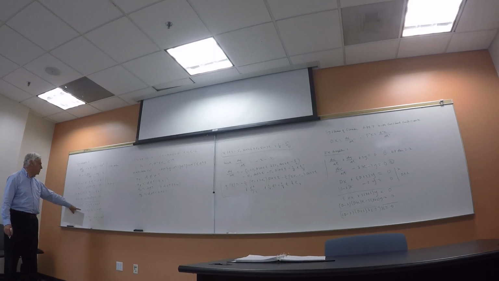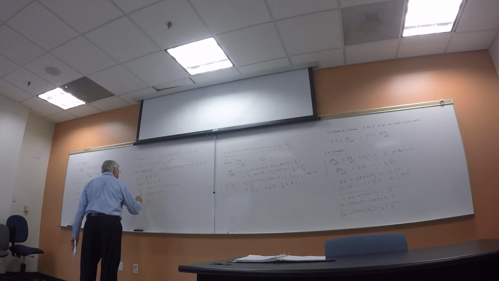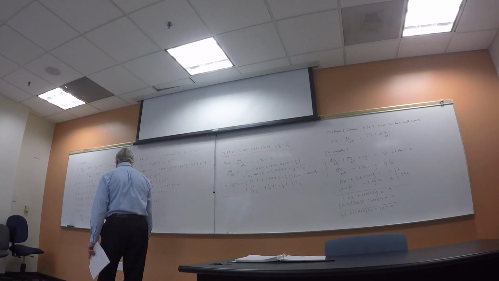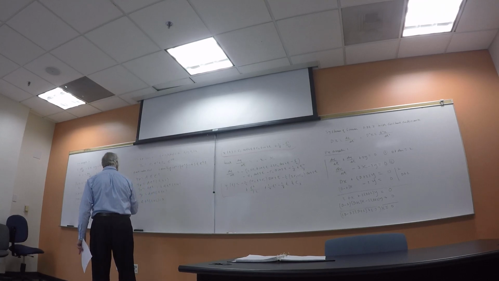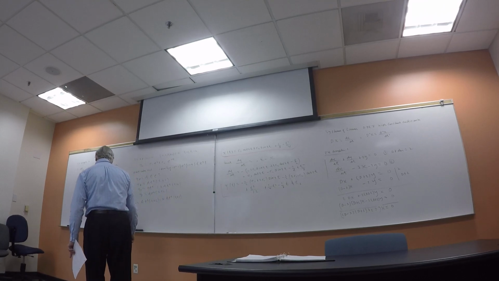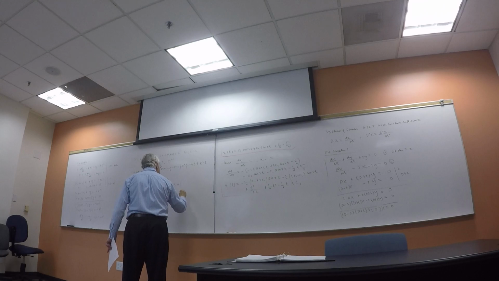We plug into the left-hand side and equate it to the right-hand side. L operating on y particular is what? You need the second derivative, which is A e to the t, parentheses, t plus 2, minus 3 times the first derivative of yp, which is A e to the t, t plus 1. Oh yeah, plus 2 times the particular solution, 2 times yp, which is 2A t e to the t.